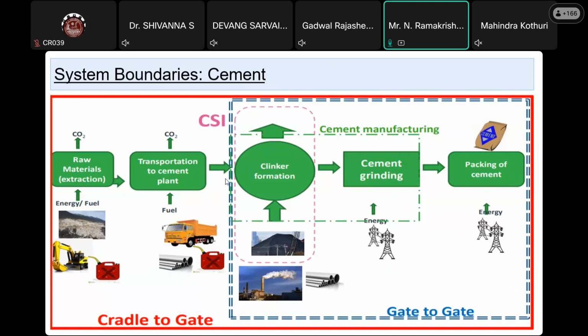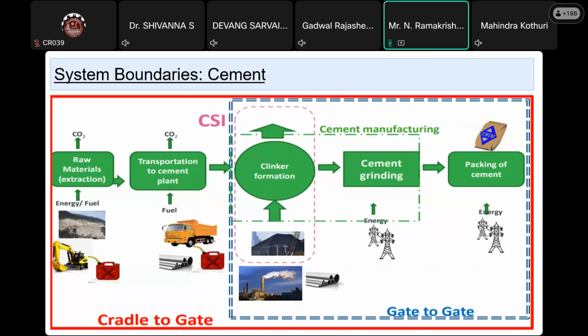In gate is where the clinker is coming in, out gate is where the packed cement is going out of the gate to the godowns or silos, whatever it is, right? So this is the clinker formation, this is the energy required for the clinker formation, and for cement manufacturing, you require some energy, cement grinding, in fact, as well as the cement packing also.